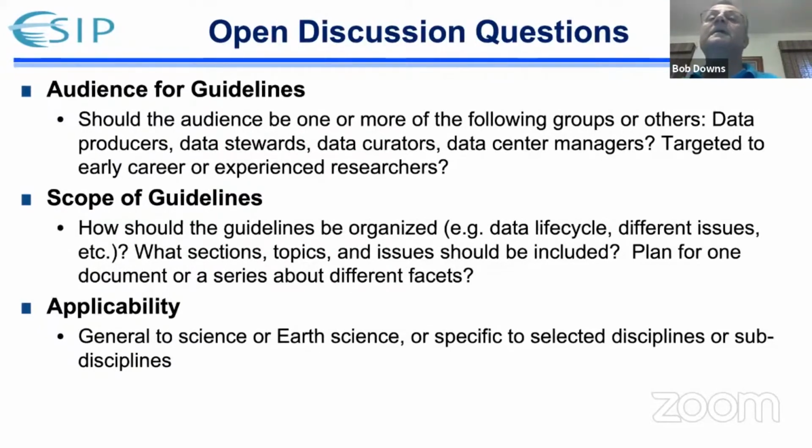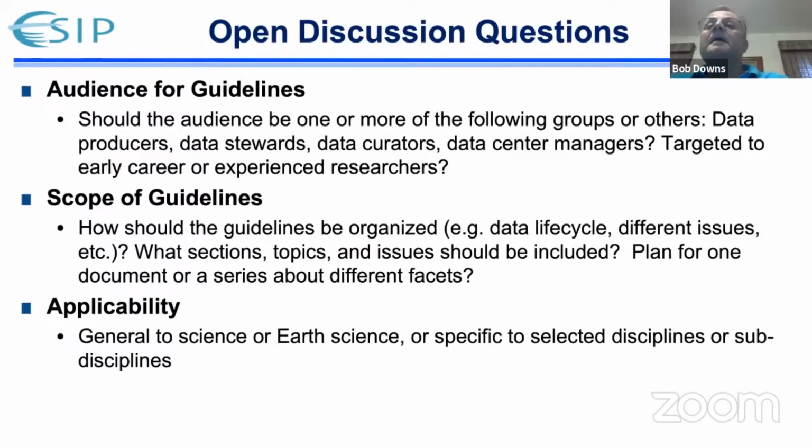So starting out with the audience, let me pose the question, should the audience be one or more of the following groups? Or even other groups, such as data producers, data stewards, data curators, data center managers. And in conjunction with that, we want to also think about whether the guidelines should be targeted to early career or experienced researchers or some mix.